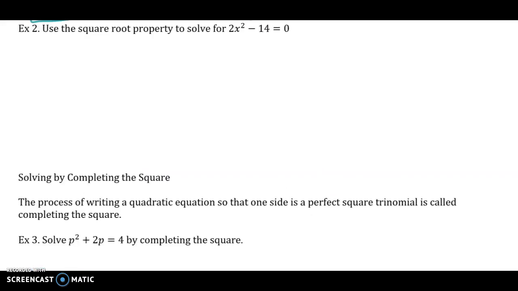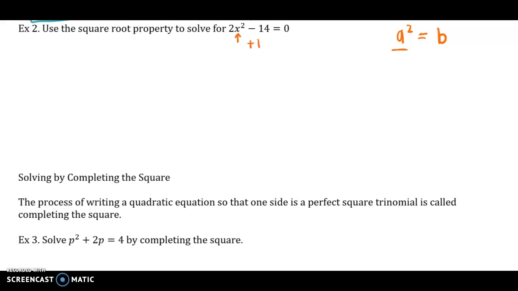Alright, so this example here is use the square root property to solve 2x squared minus 14 equals 0. Remember the format that we're trying to get it into is a squared equals b, where b is just a number. So we're going to try to isolate the thing that's being squared, so the x squared.